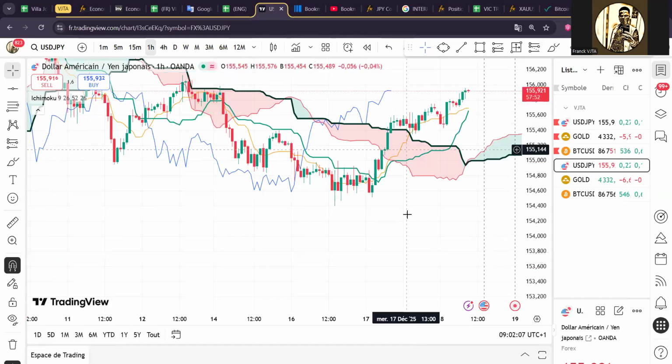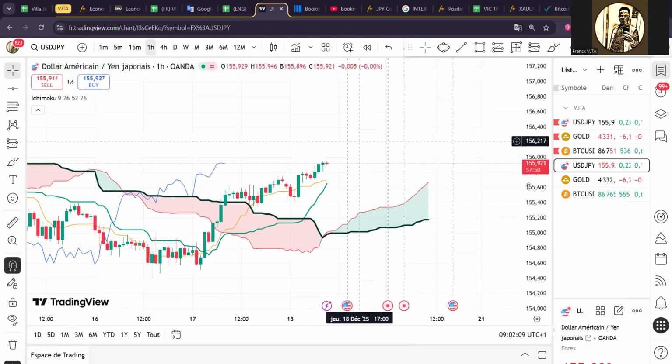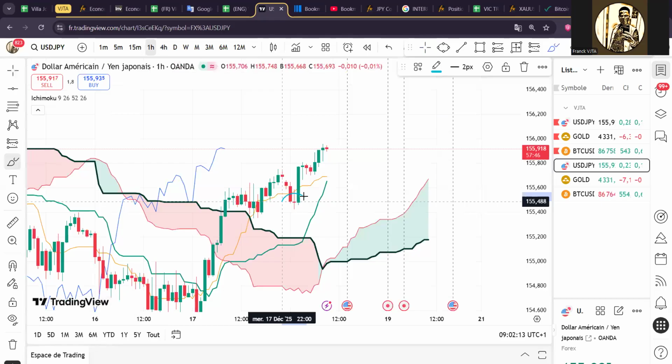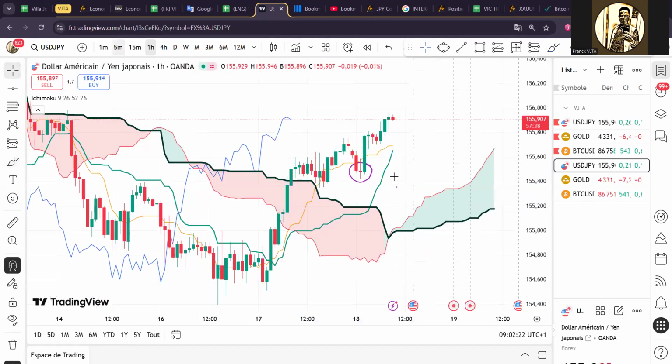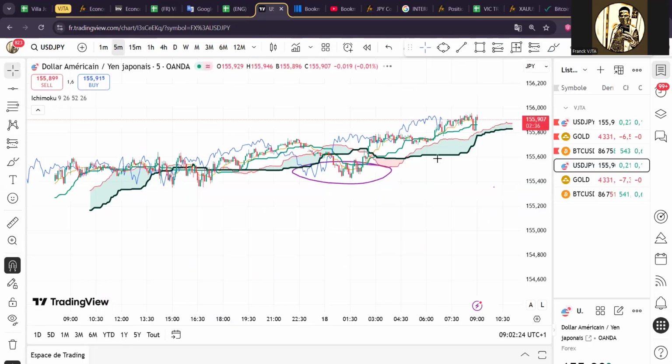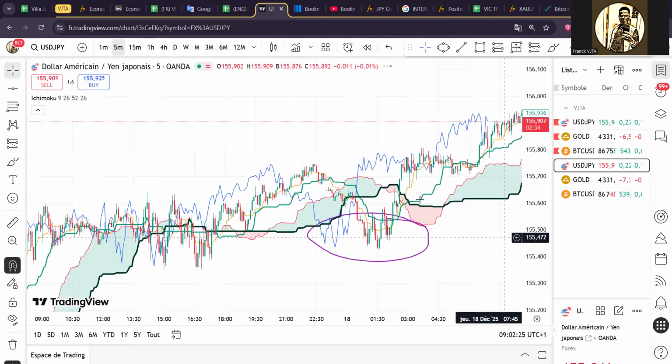For example, let us look at this Tenkan setup on H1. You see this Tenkan setup, right? When you have this Tenkan setup on H1, you go on 5 minutes. What do you look at? You look at an inverted Tenkan inclination.